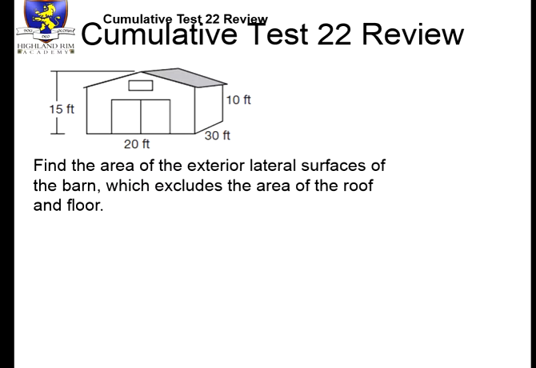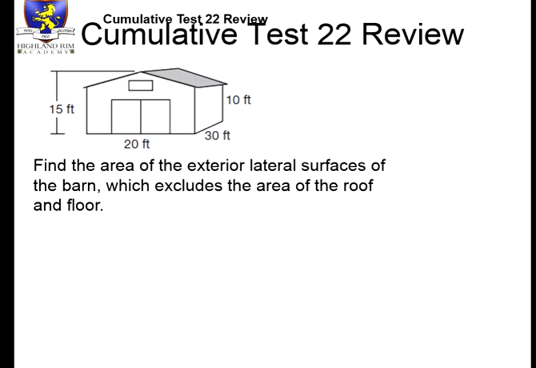Now that we know the volume, let's look at what the surface area is, not including the roof or the floor. We have a pentagon in the front and the back and a rectangle on each side. We need to find the area of the pentagon, and we have to break that up into manageable regular shapes.